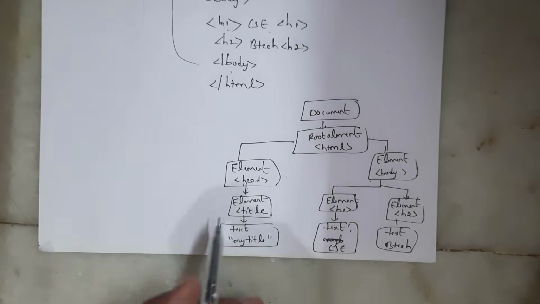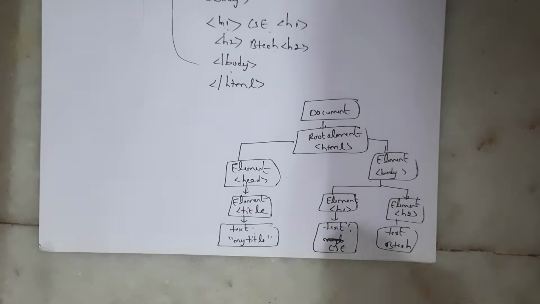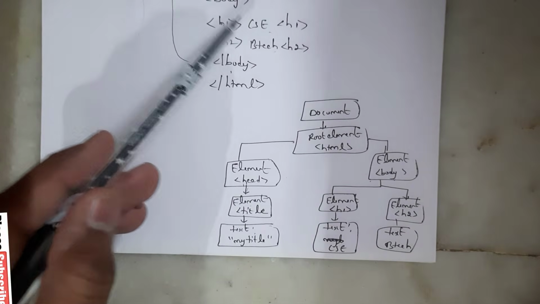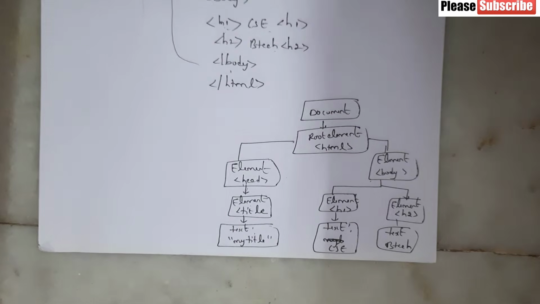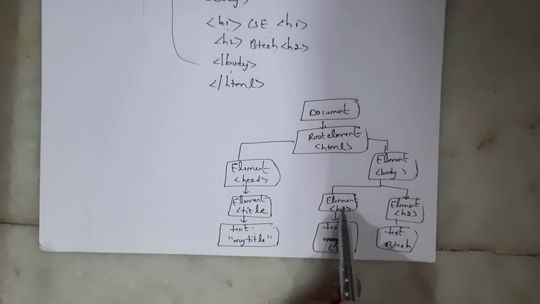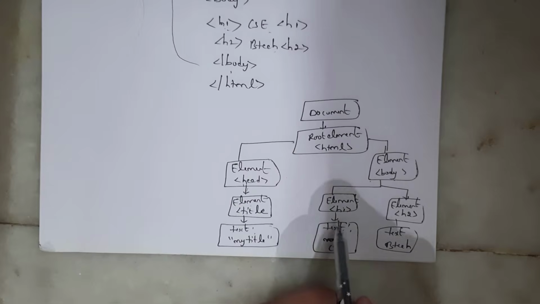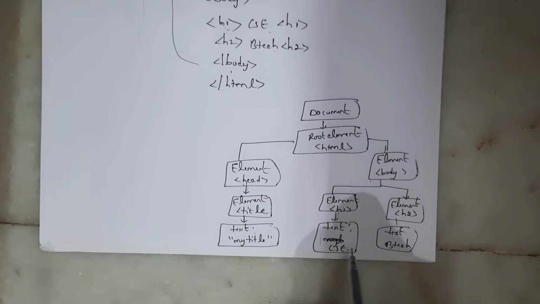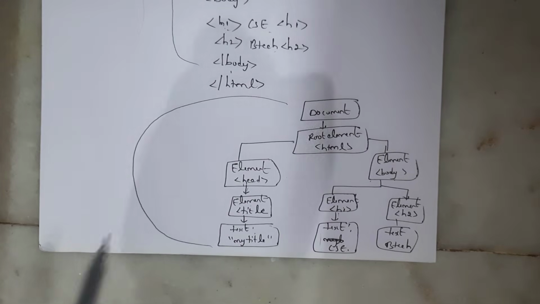So here the element is title and the text is "my title." Similarly, inside body I wrote heading 1 as CSE and heading 2 as BTech. So the element H1 has the text CSE, and the H2 element has the text BTech. This is the Document Object Model. If you want to represent your document in the form of a tree structure, we use the Document Object Model.